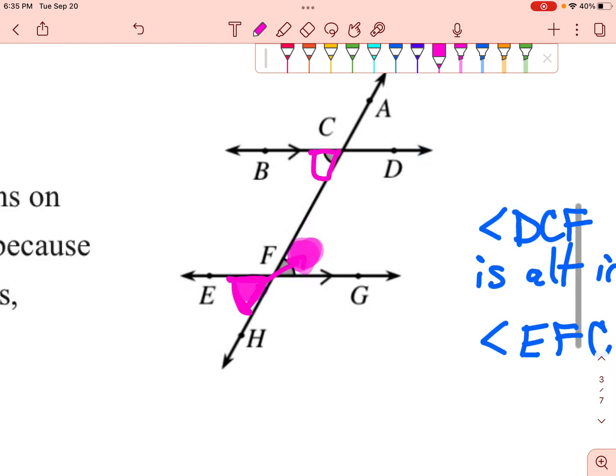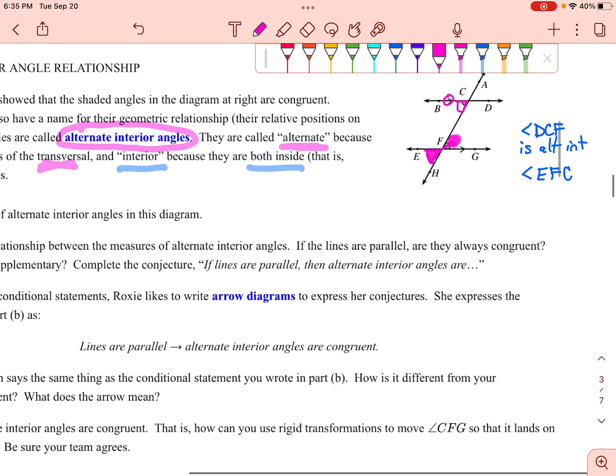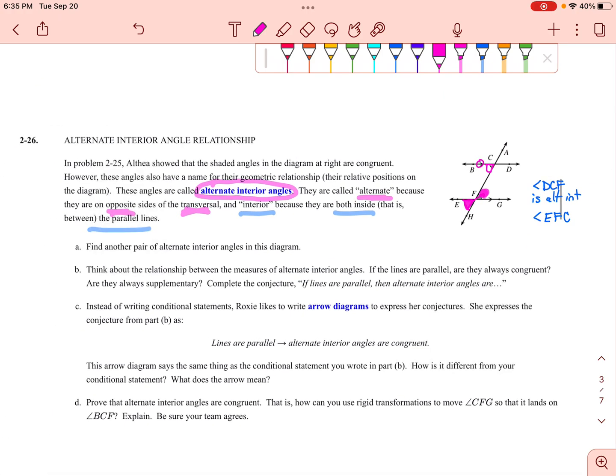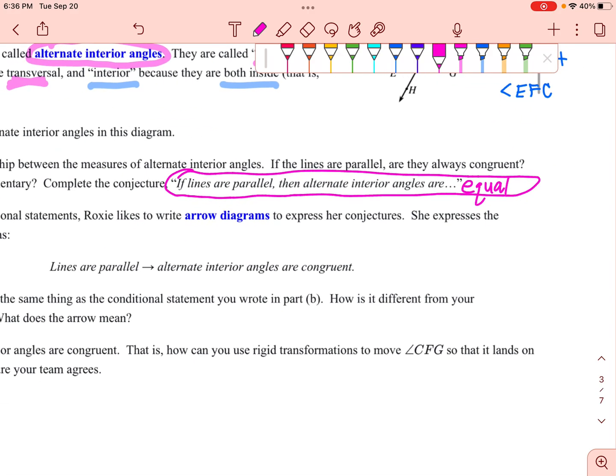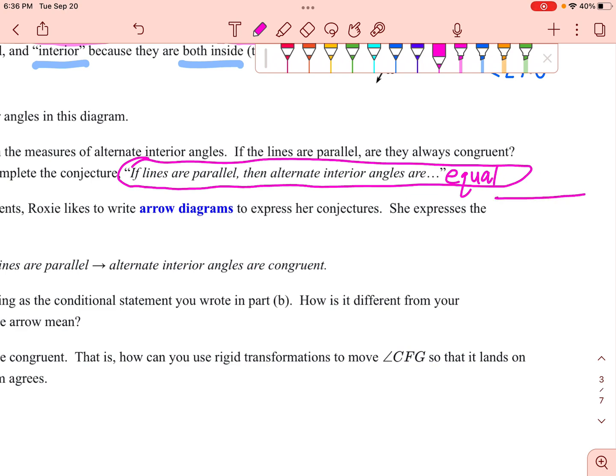So again, going back here, in your notes, I want you to put this right here. If lines are parallel, then alternate interior angles are, and I want you guys to put equal. Then I want you guys to draw this diagram up here. So in your notes, you guys are going to draw your parallel lines. Make sure you label them as parallel.